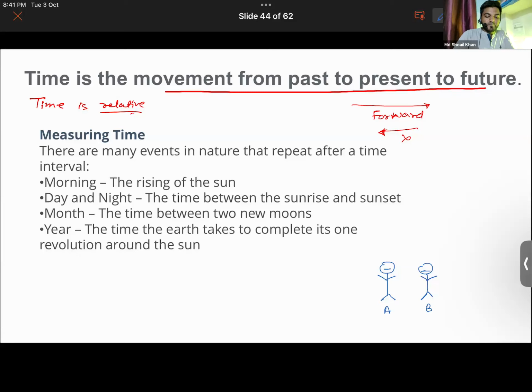Suppose at a certain point in their life, both of them are 10 years old, right?